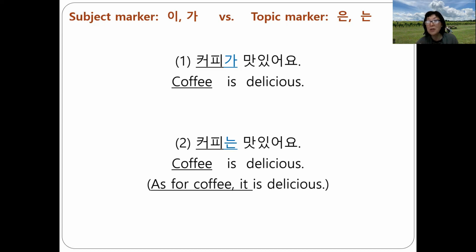I always emphasize this in class, right? Because of those additional things, when Koreans read your writing or hear what you speak, sometimes we are thinking of the additional functions, and probably rather than 이/가, using 은/는 may sound more natural, or vice versa.